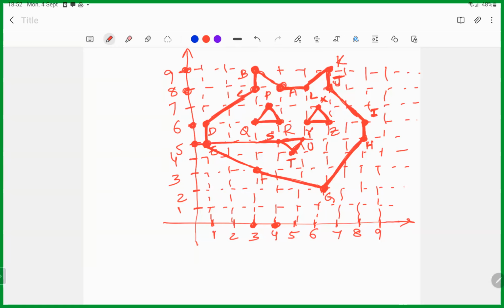Am I drawing right only? And join U to the points 9 comma 5, 9 comma 6.